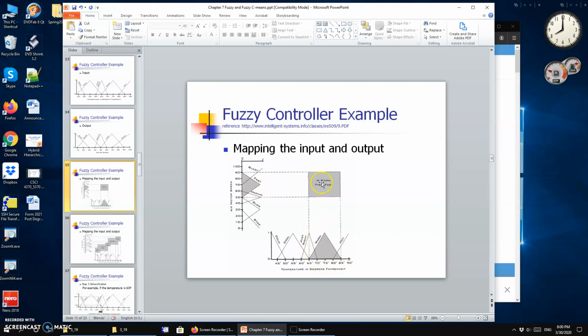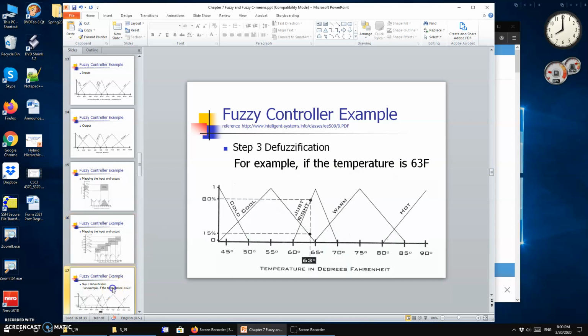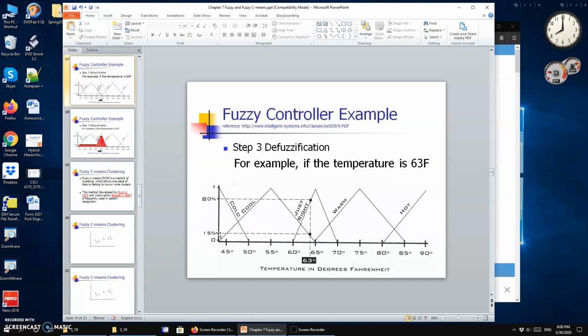So those are the mappings that we can generate. Once we have all the things mapped, we have created a fuzzy system that can take input and then generate the output. So that is what we do at stages 1 and 2.